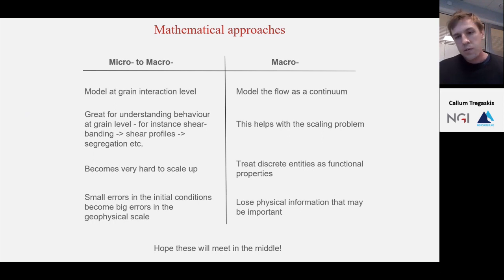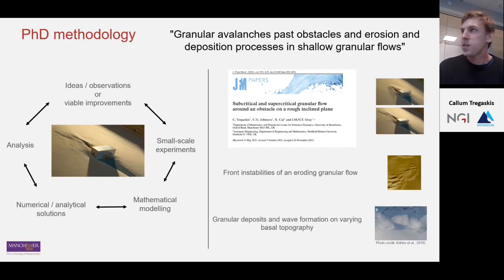So what we tend to do, as our first approximation, is to treat the flow as a continuum. And this helps with the scaling problem, but we lose physical information about how the grains actually collide, and we're making an approximation. So this is the first of the steps we take towards actually modeling an avalanche.